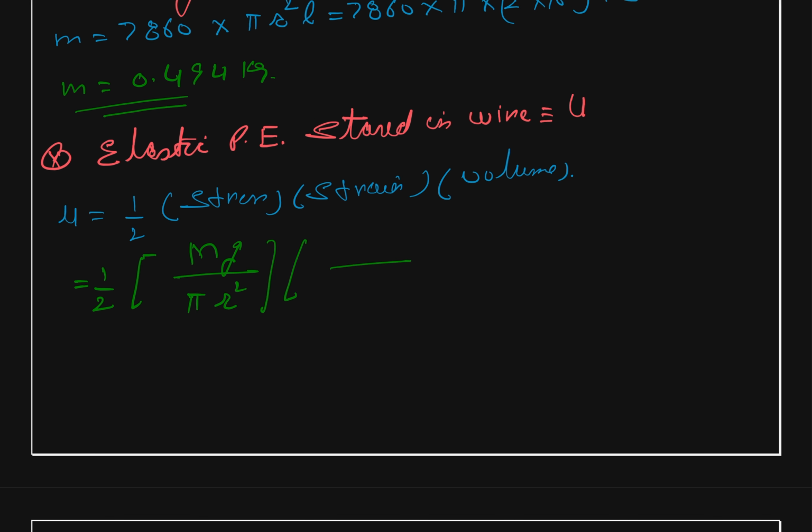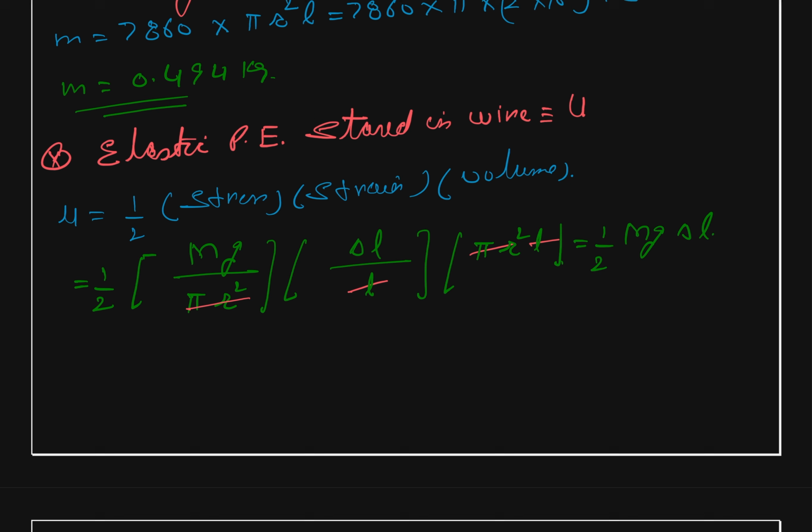Strain will be change in length over original length, and volume is pi r square times L. And from here pi r square, and length L cancel out, and this gives us half mg multiplied by delta L.